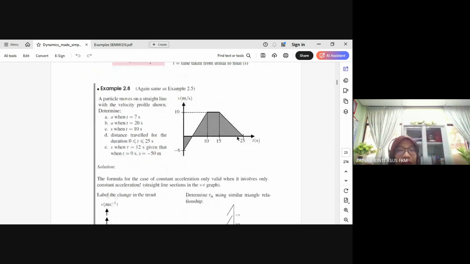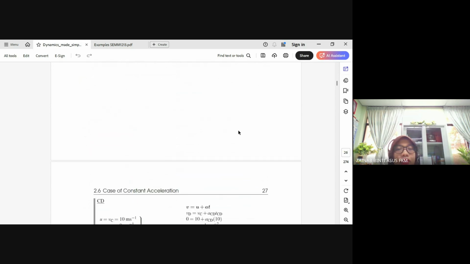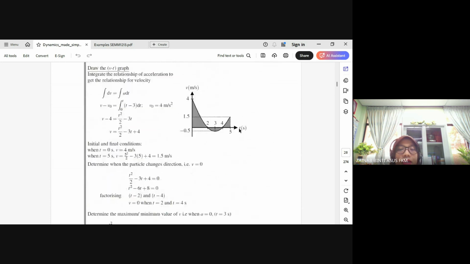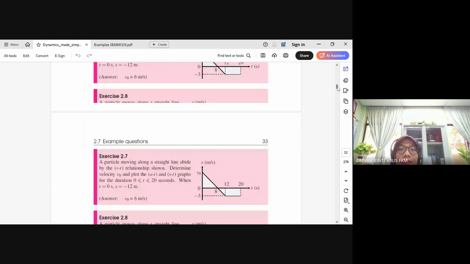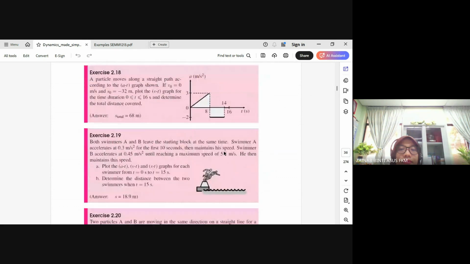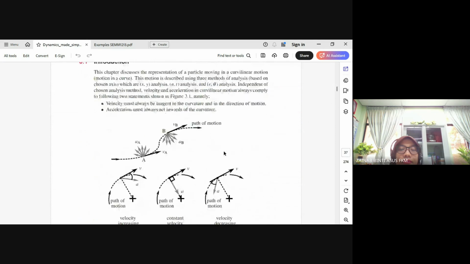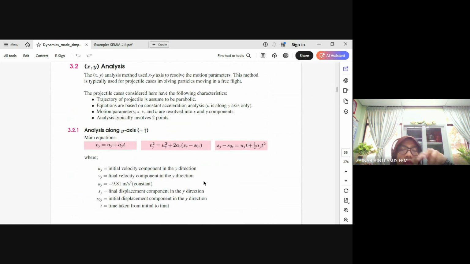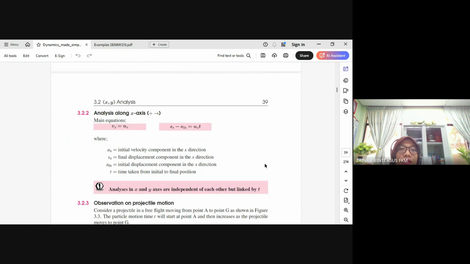So for the curvilinear motion xy analysis, we will use the constant acceleration equations. From these equations, you have to put them in two axes: the analysis along the y axis, and the analysis along the x axis.